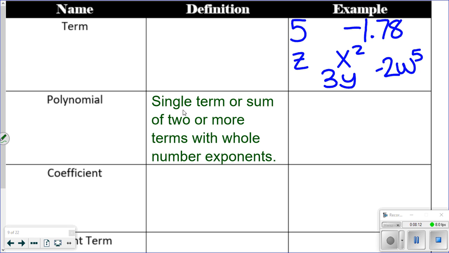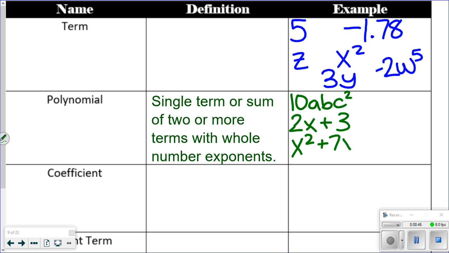So a single term would be 10a, b, c. And even if I put an exponent here, that still works because it's a whole number. A sum of two terms would be, let's say, 2x plus 3. And then more than two terms, so let's do 3 terms. X squared plus 7x plus 6.